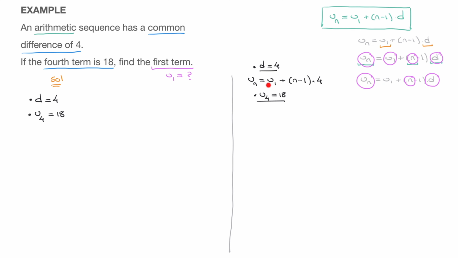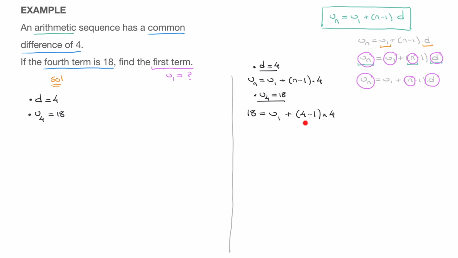In other words, copying this formula but replacing the left-hand side by 18 and the n we have here by 4, we quickly obtain 18 equals the first term u sub 1 plus, in parentheses, 4 minus 1 times the common difference, 4.